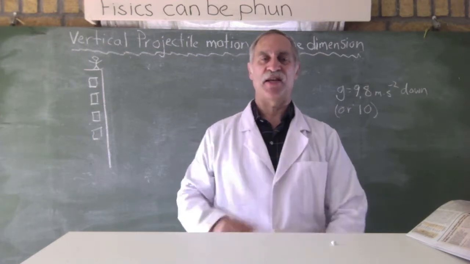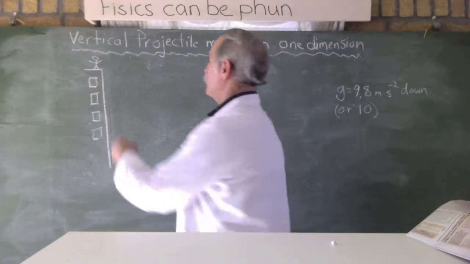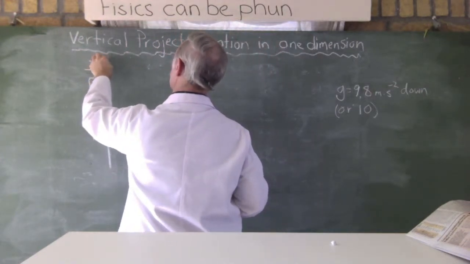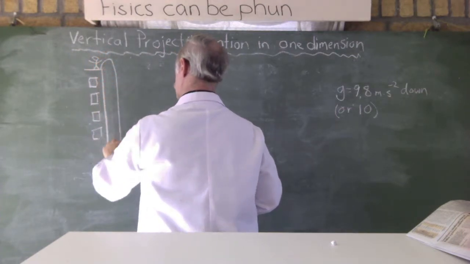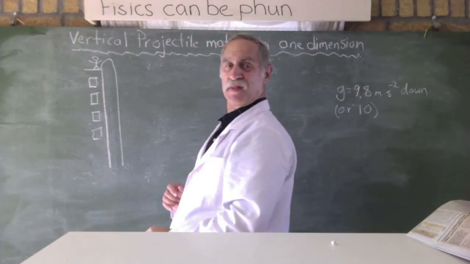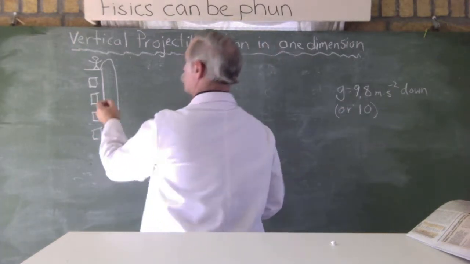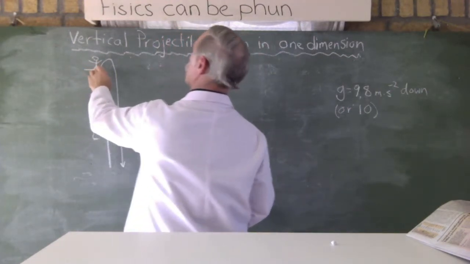Now there's the second type of situation I'd like you to get used to. And that is where our person throws a stone up and then it starts to come down. Right? So do you get the idea? So the person throws the stone, and I'm going to take it from the top of the building.